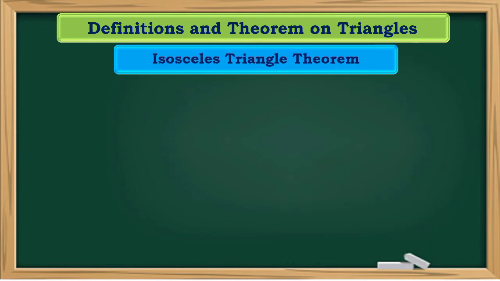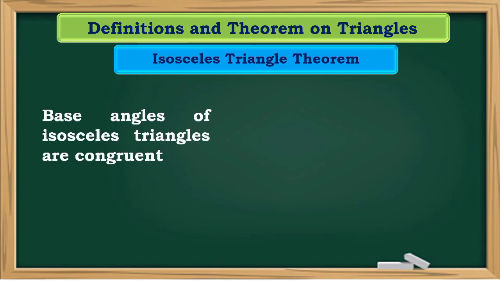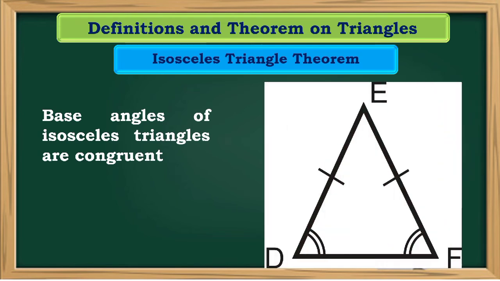Next, isosceles triangle theorem. Base angles of isosceles triangles are congruent. A while ago, we said that an isosceles triangle has two congruent sides. So in any isosceles triangle, the angles opposite the congruent sides are also congruent. In this figure, we have sides DE and EF.